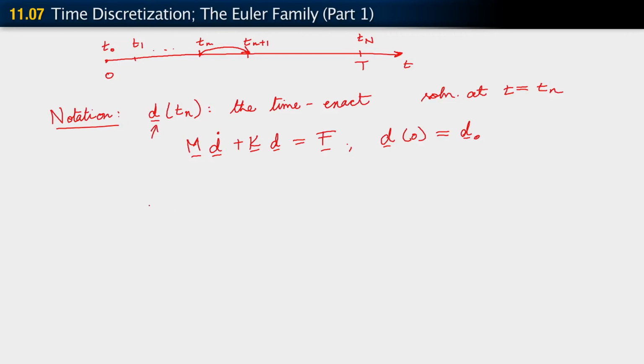In contrast, I will use d sub n to denote the algorithmic solution at tn, by which we mean the solution that's obtained by applying some sort of discretized time integration algorithm based upon the discretization that we've just spoken of.